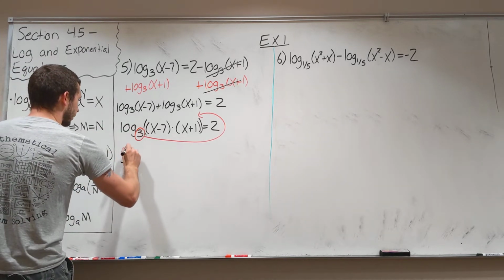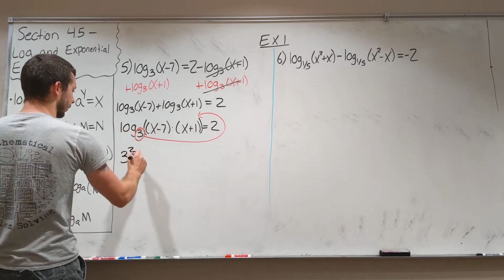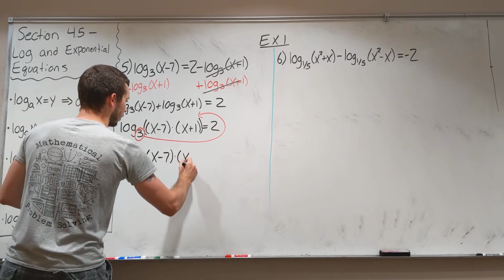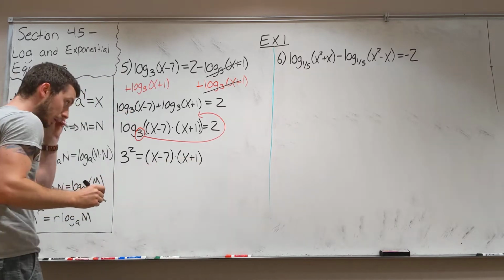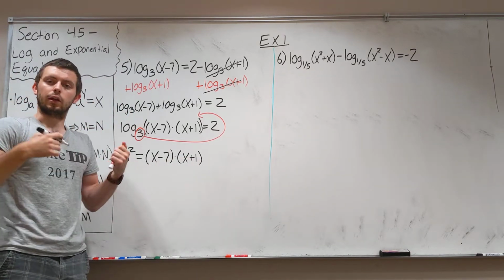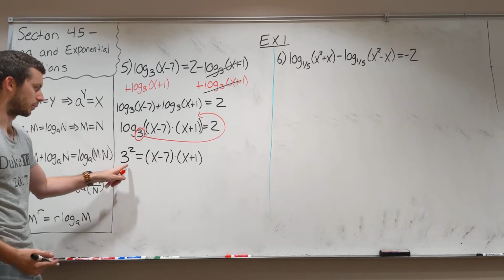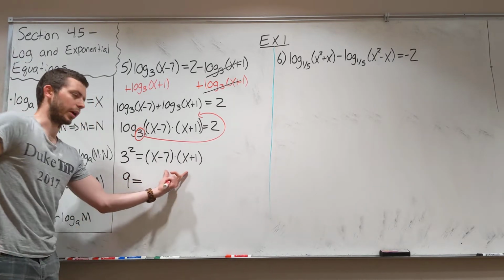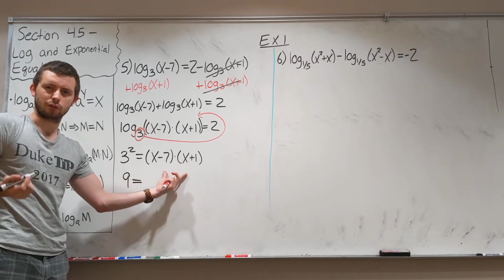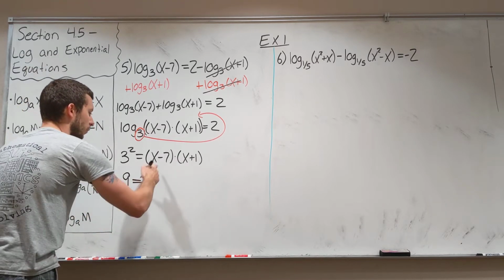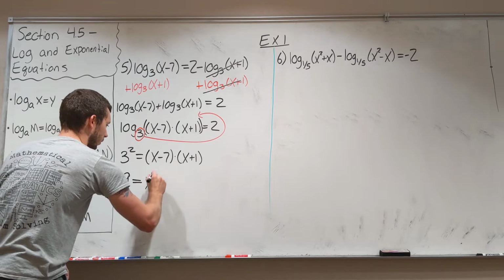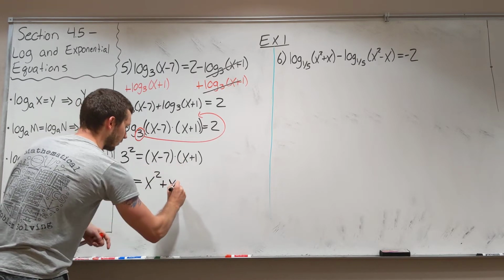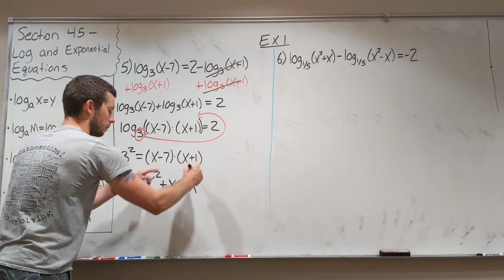So now we get 3 squared, so 3 to the second power is equal to x minus 7 times x plus 1. The next step, we can go ahead and simplify everything. So of course 3 squared is 9. And we can go ahead and FOIL this now if you haven't done so already. So the FOIL is of course x squared plus x minus 7x minus 7.